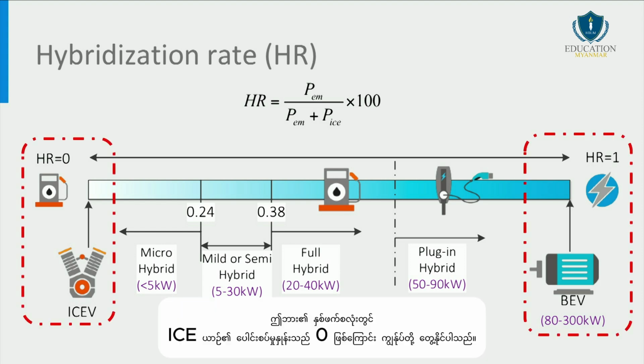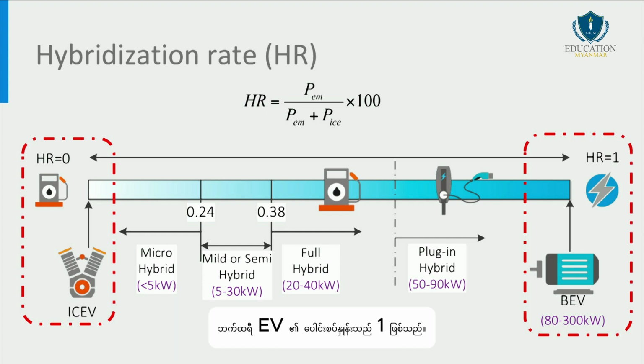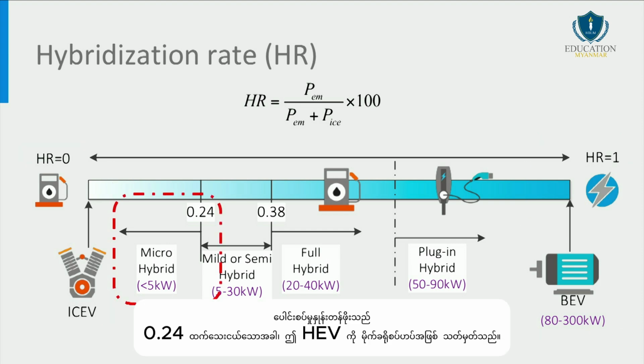On both sides of this bar, we can see the internal combustion vehicle hybridization rate is 0 and the battery electric vehicle hybridization rate is 1. When the hybridization rate value is smaller than 0.24, this hybrid electric vehicle is considered to be a microhybrid.